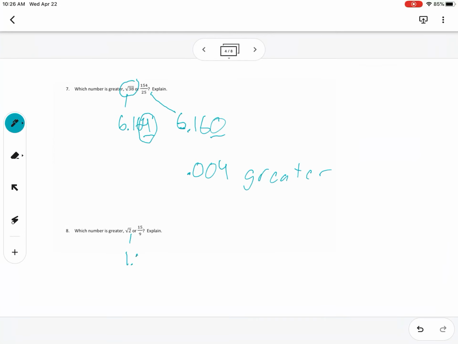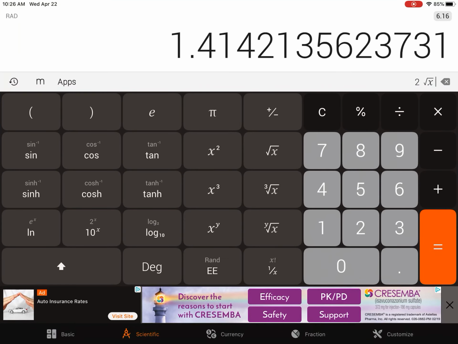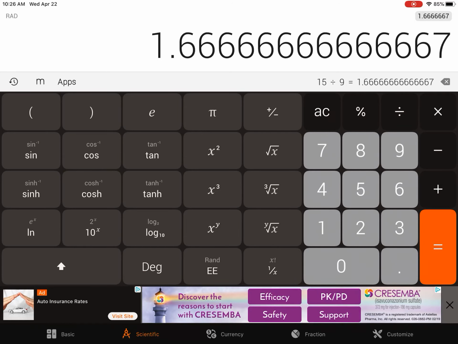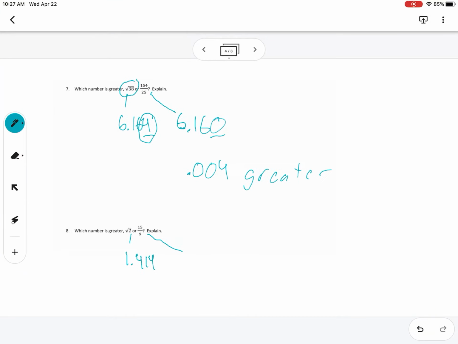And then let's go ahead and do 15 divided by 9. 1.6 repeating forever. I can just put that there too since I have 3. All right. And so I see that this one is slightly greater, 15 over 9.